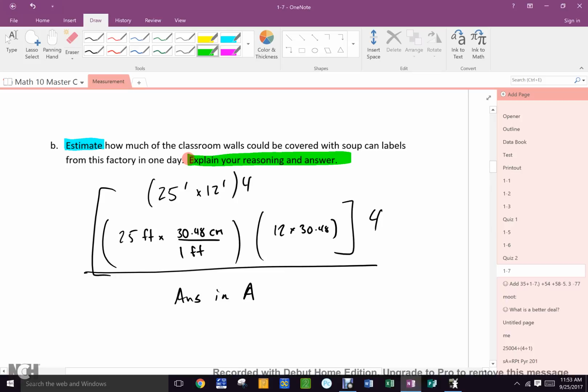What did you do? So if I was explaining this, I would have said, well, I estimated the room was 25 feet square and the walls were 12 feet tall. So it was 25 times 12 times 2. Then I converted it into centimeters, multiplied it by 4, and divided it by however much I had, right? That's what I was looking for.